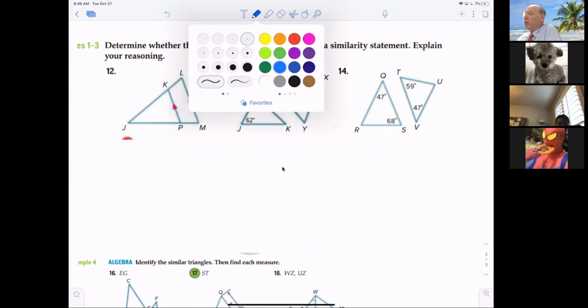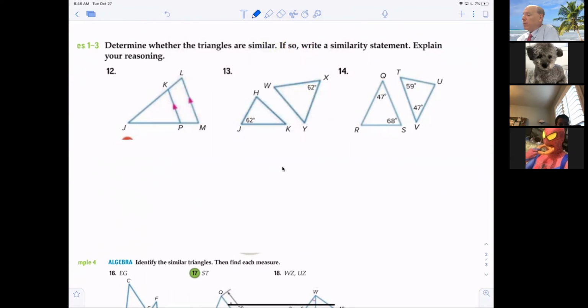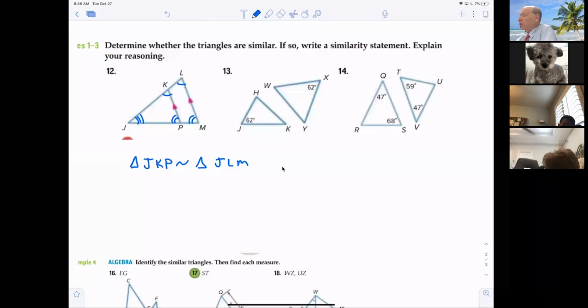So the small triangle, we're going to call triangle JKP similar to triangle JLM. Remember, sometimes it's good to write the corresponding angles, and that way you don't make a mistake with writing the similarity statement. Just like over here.